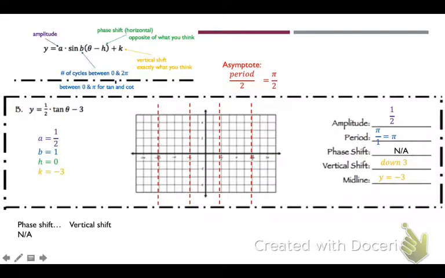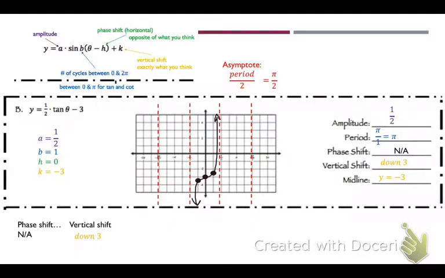Now my vertical shift, I moved down 3, so I'm going to go down 3, draw a point right there. And then my fake amplitude, not my real amplitude, my fake amplitude is 1/2, so I'm going to go over 1, up 1/2, draw a point right there. Over 1, down 1/2, draw a point right there. Because tangent, you start low and high.